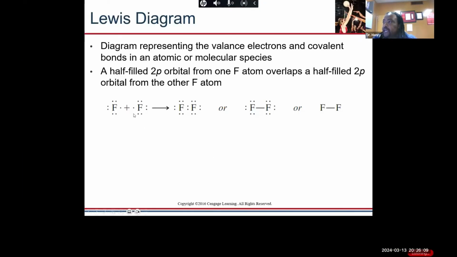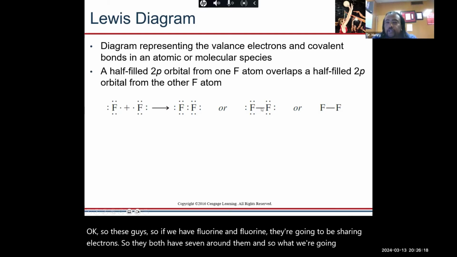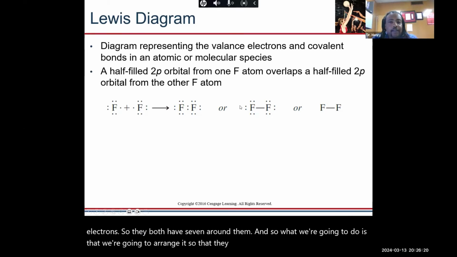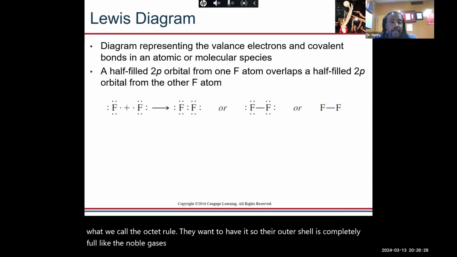Okay. So if we have fluorine and fluorine, they're going to be sharing electrons. They both have 7 around them. And so what we're going to do is arrange it so that they have 8, because they want to obey what we call the octet rule. They want to have their outer shell completely full, like the noble gases. They want to be like the noble gases.